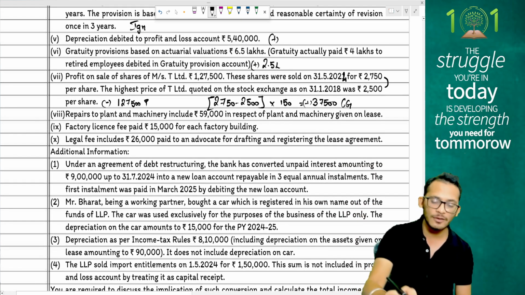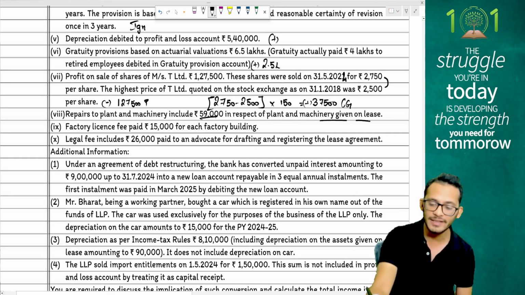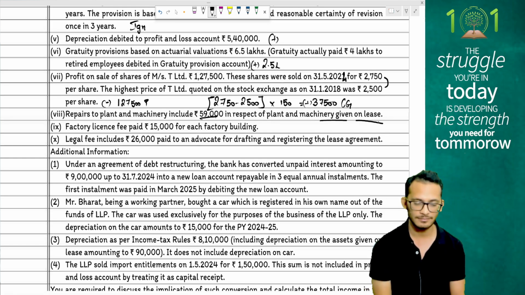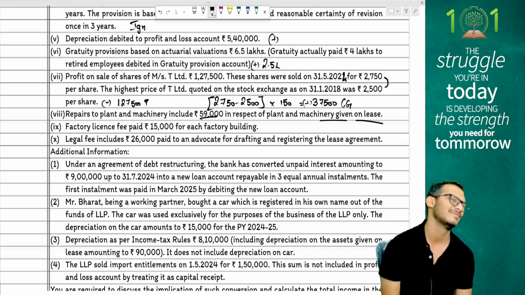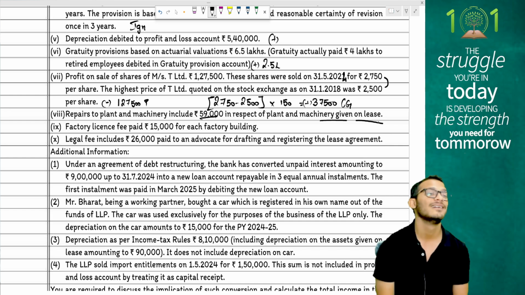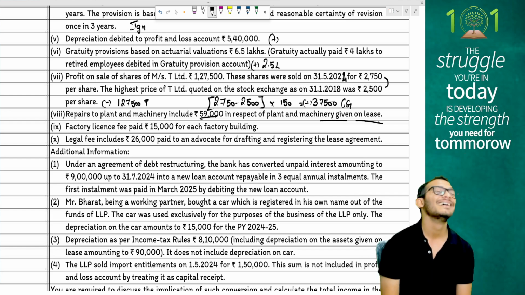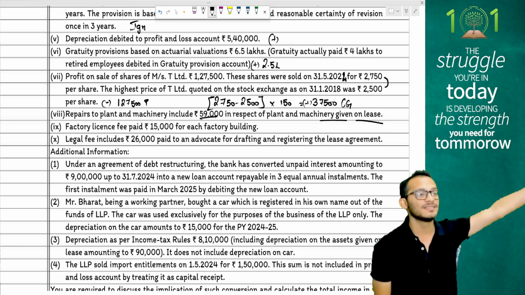Repairs to plant and machinery includes 59,000 in respect of plant and machinery given on lease. Why? Very good. It's an IFOS expense. People, I just now leased my premises on rent.